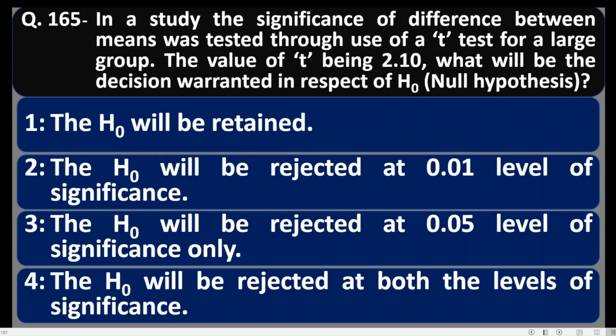The required t value according to the t table is 1.96 for significance at the 0.05 level. Here the obtained value is less than 2.58 and more than 1.96. So the null hypothesis will be rejected at the 0.05 level of significance only. Option number 3 is correct.